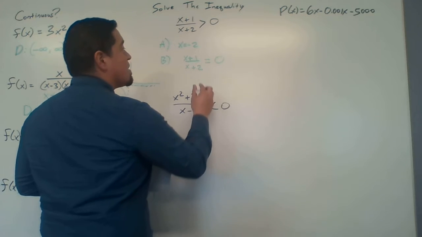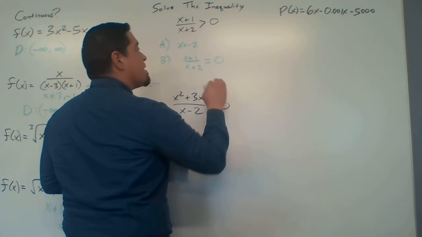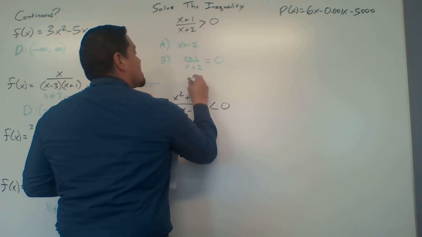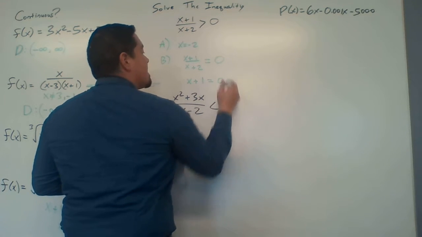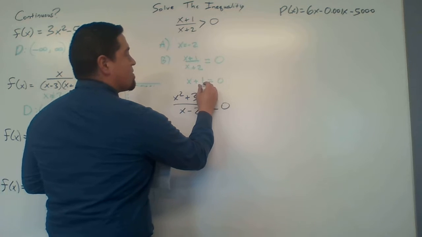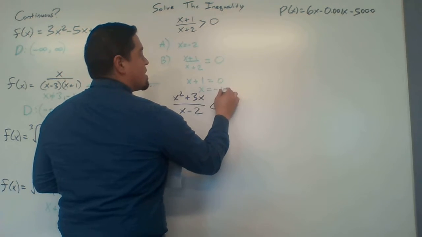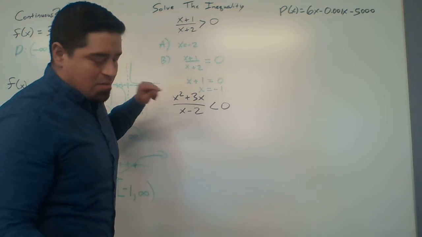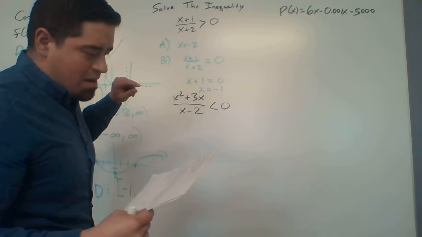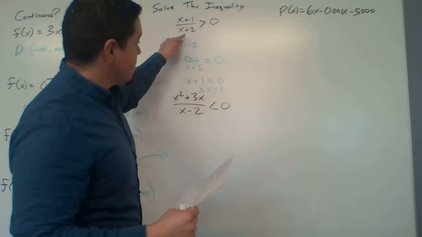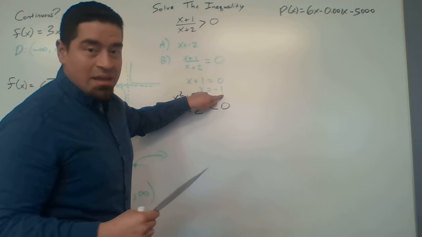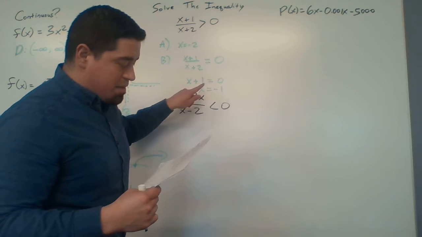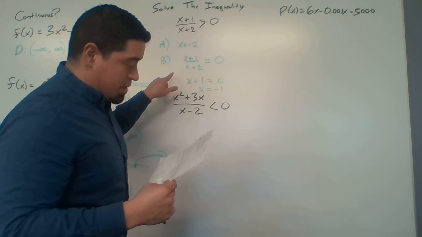Or if you want an algebraic way, multiply both sides by x plus 2. The x plus 2 will go away, and you end up with this, and you solve that, and you'll end up with what really is an x-intercept. So if you'll recall, if you set an equation equal to 0 and you solve it, you end up with the x-intercept. But that would be part B on that procedure.